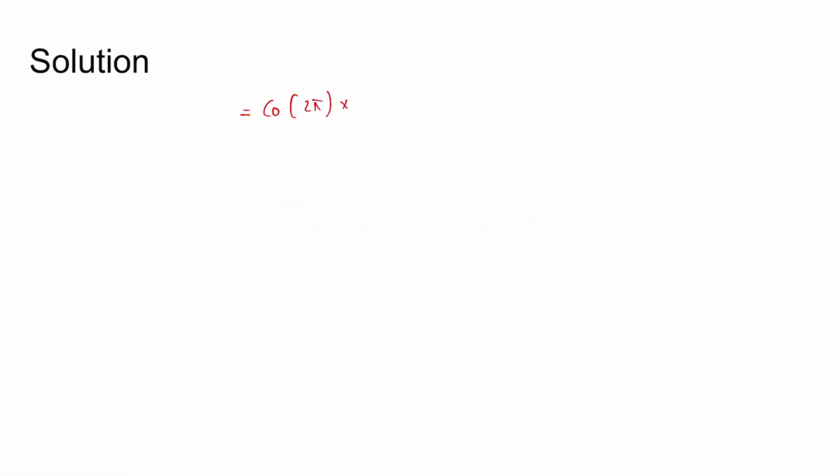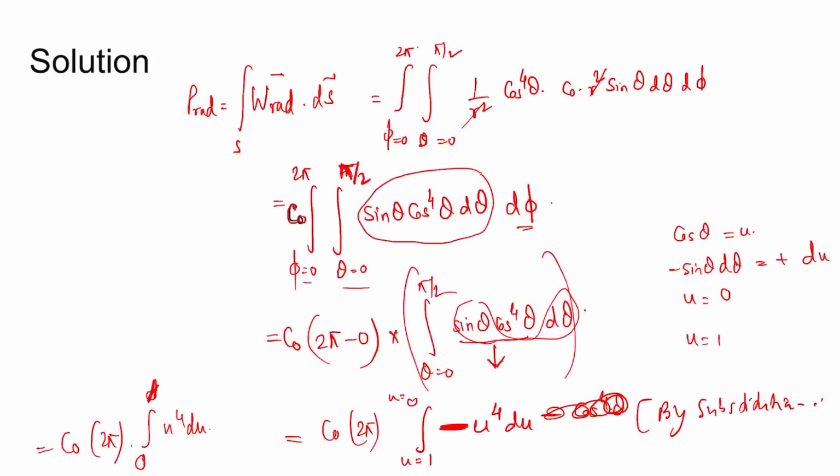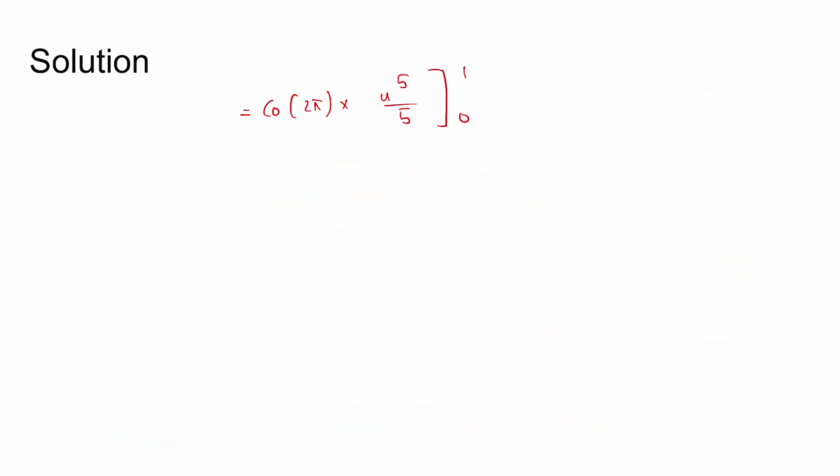So C0 2 pi multiplied by u to the power 5 by 5, because the integration of u to the power 4 du is u to the power n plus 1, which is 4 plus 1 is 5, by 5. So this is 1 by 5 multiplied by C0 multiplied by 2 pi.